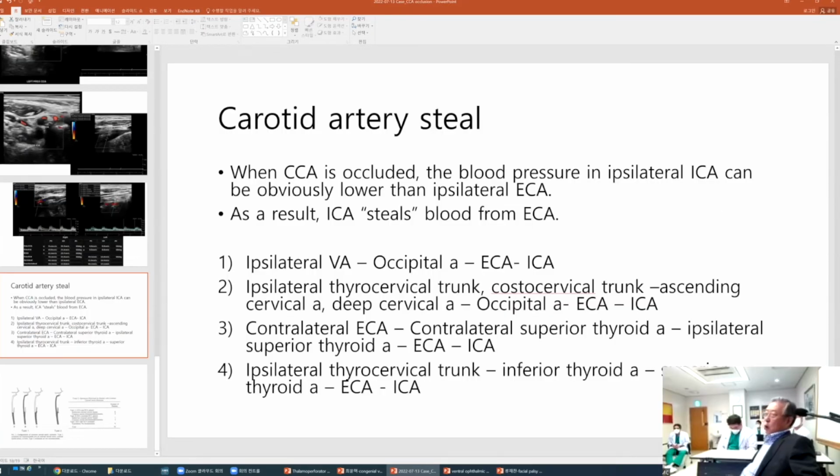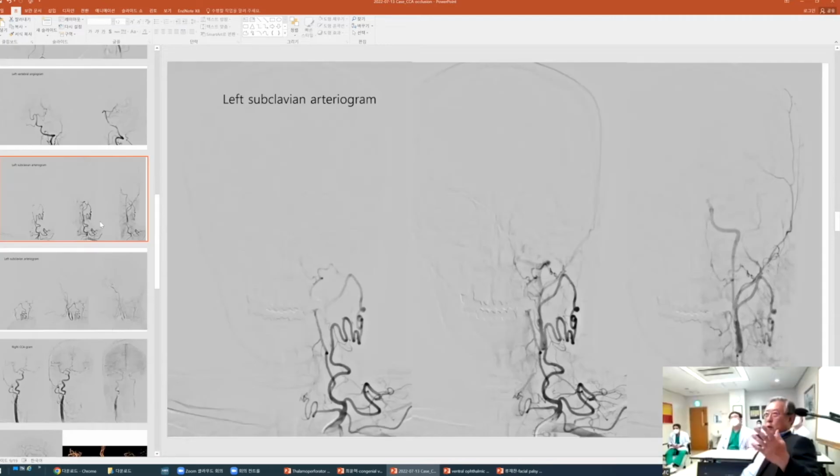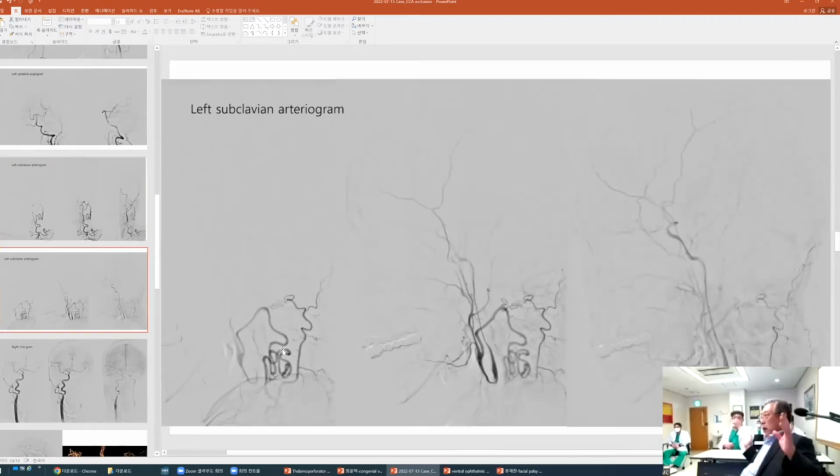Do you know which collaterals you are actually talking about? Do you see any of these vessels? Which vessels are they? I commented last time, we passed the stage of just talking about this external carotid, subclavian artery, or cervical arteries. Okay? You have to be more specific.